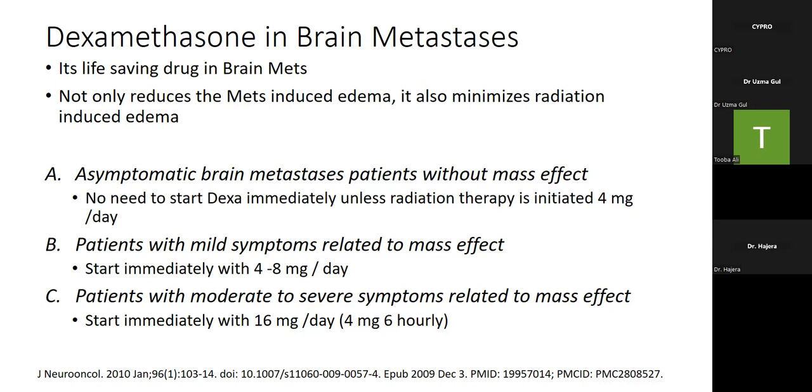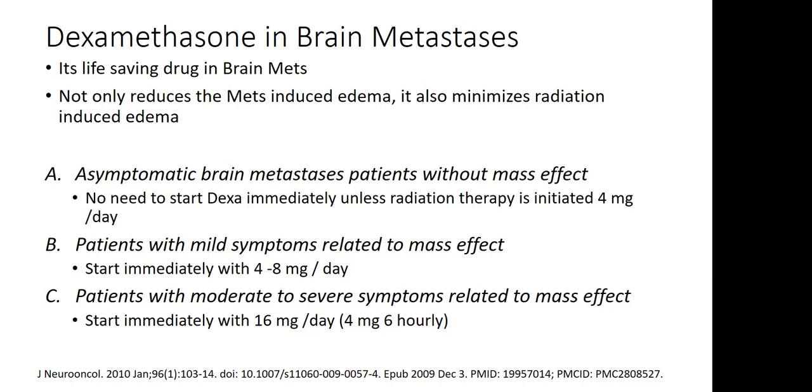So if the patient is mildly symptomatic, having mild symptoms like some headache, some vomiting, but controlled with common antiemetics like Gravinate or Maxolon, with no need of a stronger antiemetic, and doesn't have any sign of herniation, and no midline shift, those patients are taken as mildly symptomatic.